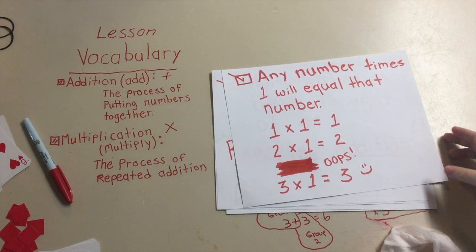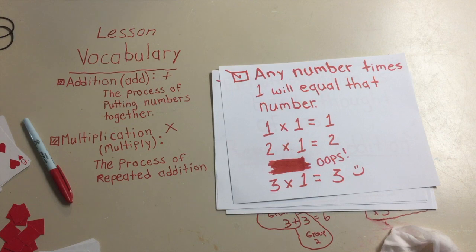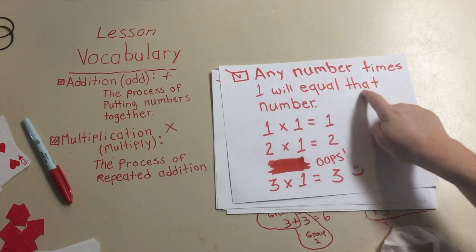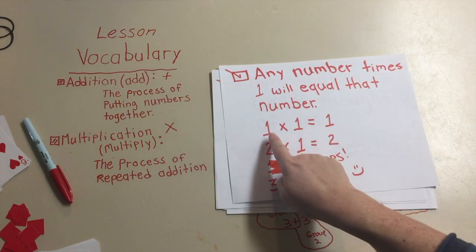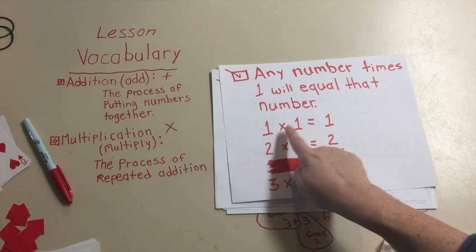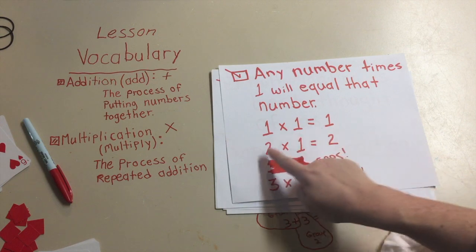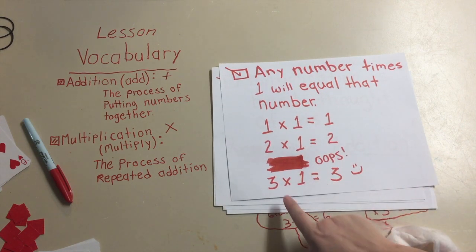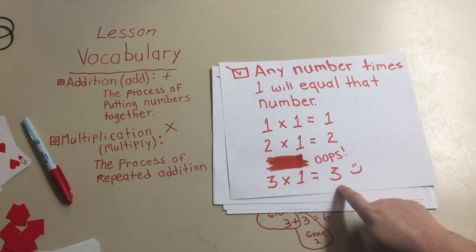Now I know that you're saying, Miss Sky, why did you skip 1 earlier? Well, here's why we skipped 1. Any number times 1 will equal that number. Remember, we're talking in mathematics about patterns. So here's our pattern. 1 times 1 equals 1. 2 times 1 equals 2. 3 times 1 equals 3.